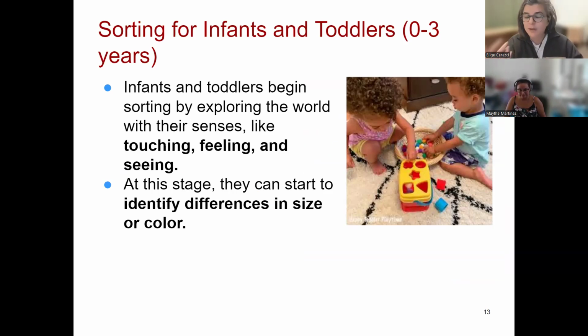They do that when they're learning the language. They start paying attention to the language being spoken around them and try to find the sounds that are repeating, which is like sorting the sounds they're hearing and recognizing what is repeating. And then when they're babbling, they babble those sounds that they hear more frequently than other sounds.